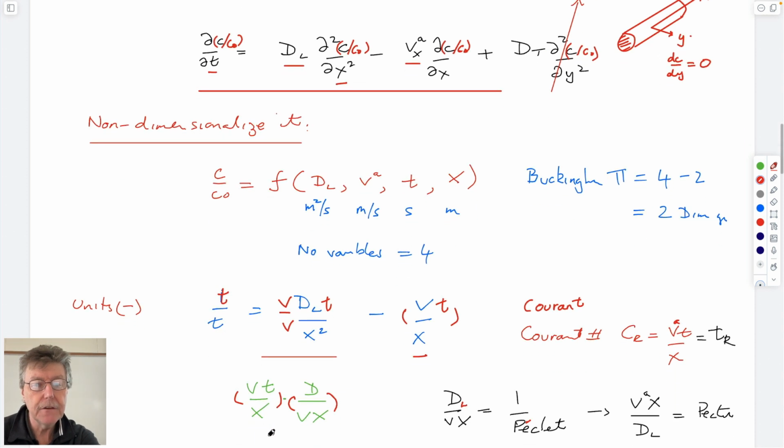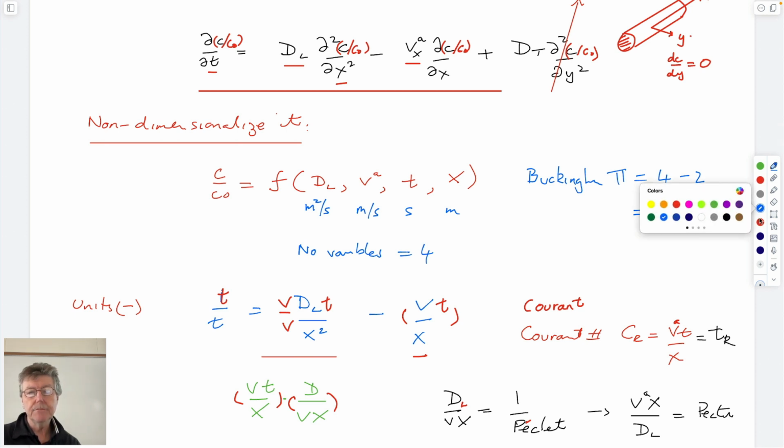It seems kind of futile to do this, but all of a sudden what comes out is two dimensionless terms. This is already dimensionless, so this is dimensionless for starters. Velocity times time is a length, divided by a length is nothing. So we have this non-dimensional term which is called a Courant number.